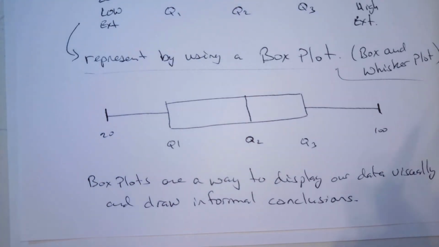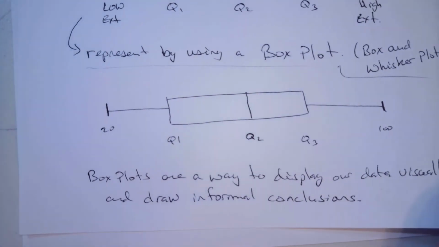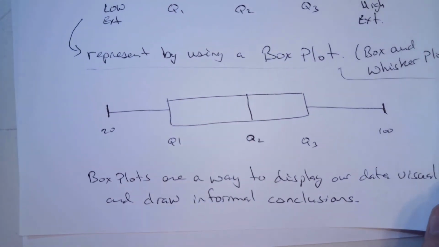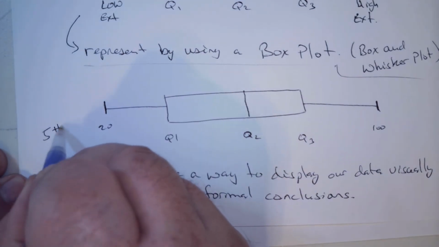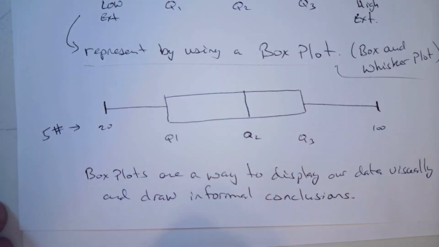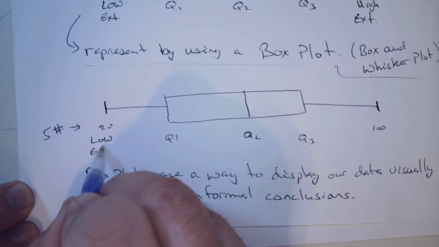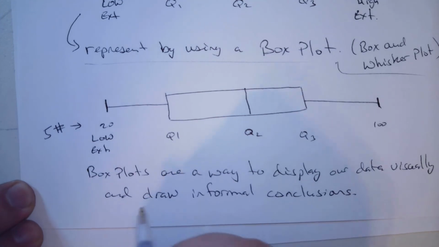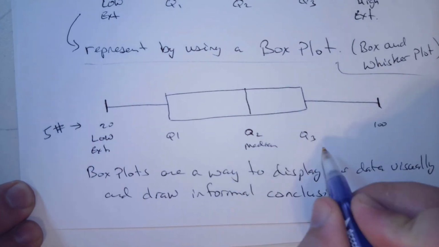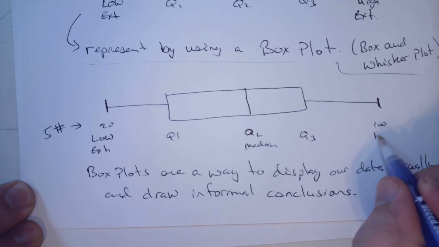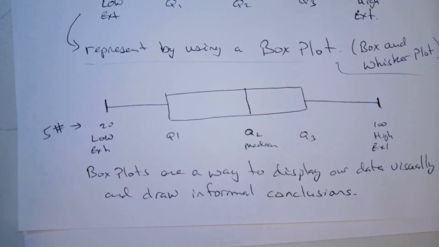It'll tell us about the spread and the structure of the data set. So again, we have 5 numbers. The low extreme, the first quartile, the median, the third quartile, and the high extreme. Those are the 5 numbers that we deal with.